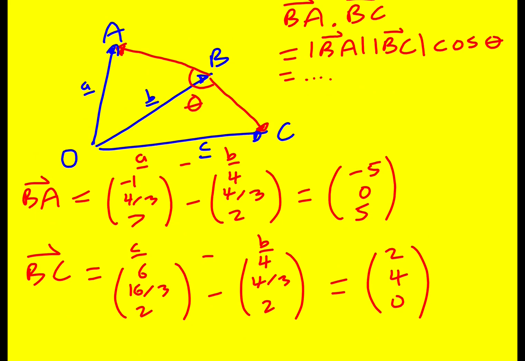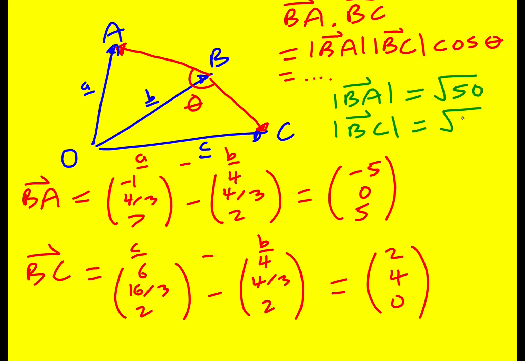So I'm actually going to write up here now, we're going to get the magnitude of BA. We can use 3D Pythagoras. It's going to be 25 plus 25 square rooted, root 50. And the magnitude of BC is 4 plus 16, 20 square rooted.